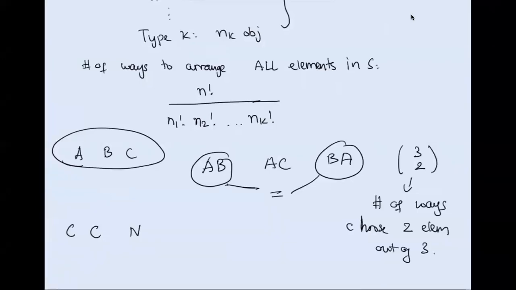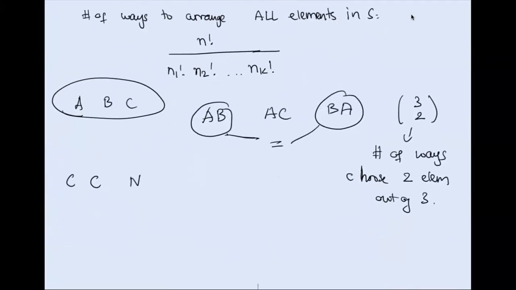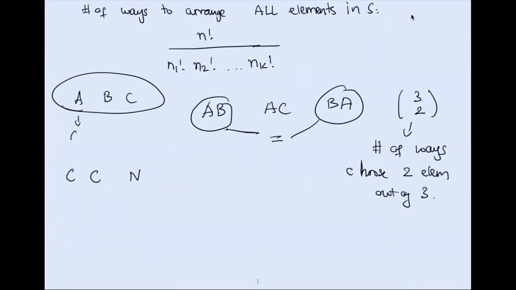Then the process of choosing 2 elements from these 3 is the same as assigning these labels to the 3 here. For example, if you assign A chosen, B chosen, and C not chosen, then it is the same as having the group AB. How about AC?